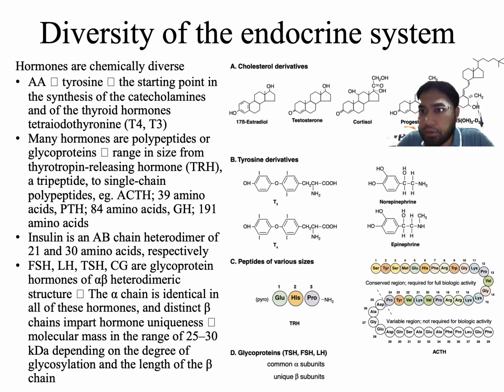I don't know what happened to my face. Now it's gone. All right, so T3 and T4 have almost similar structures, you can see there. And also norepinephrine and epinephrine. They are all derived from the mother structure. We call it tyrosine derivative.